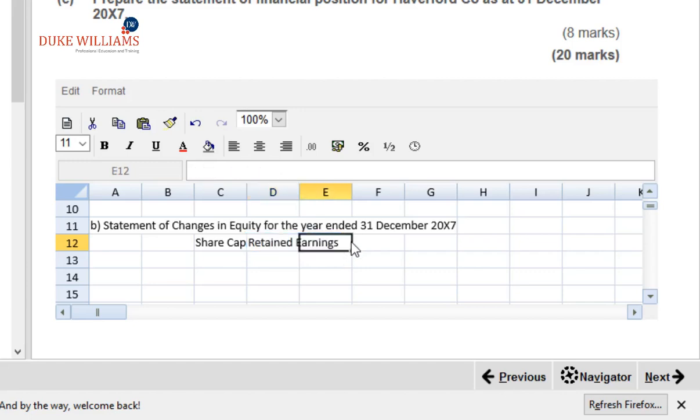And then I can bring the other components, so I can say other components, I'll do OCE. And then I can bring revaluation surplus, because I see that up there. Okay, so far I have 4 columns. I'll add as and when I get the details of the notes.